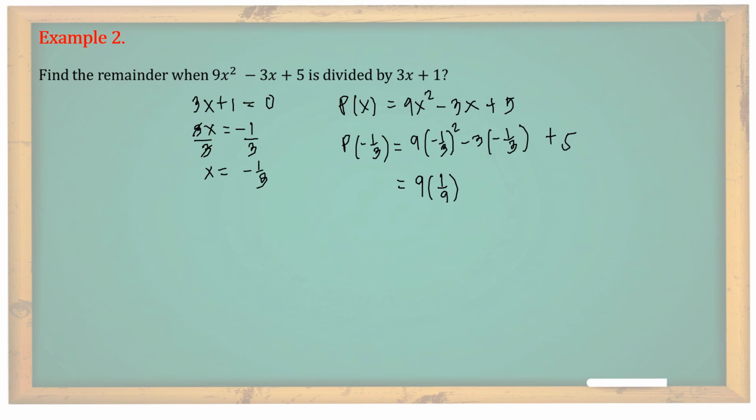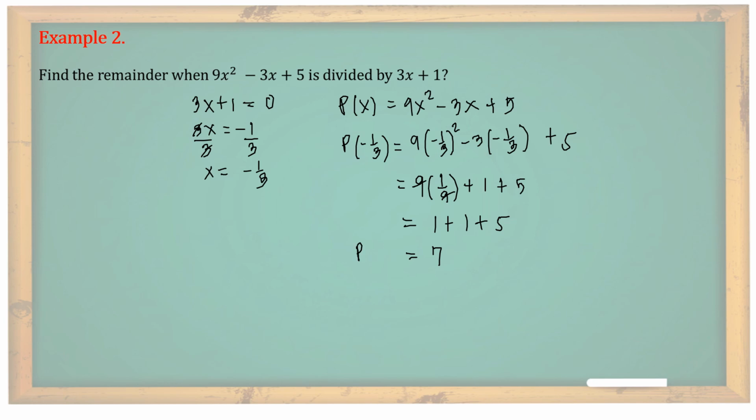3 squared is 9. Minus negative 3 times negative 1 is positive 3. Positive 3 divided by 3 is 1 plus 5. So therefore, cancel ito, cancel yan. So yan ay magiging 1 plus 1 plus 5, and that is equal to 7.